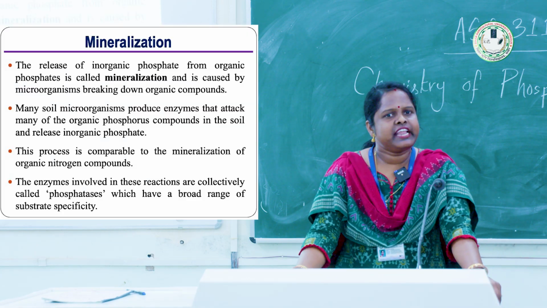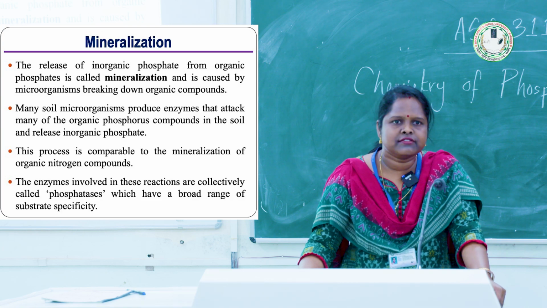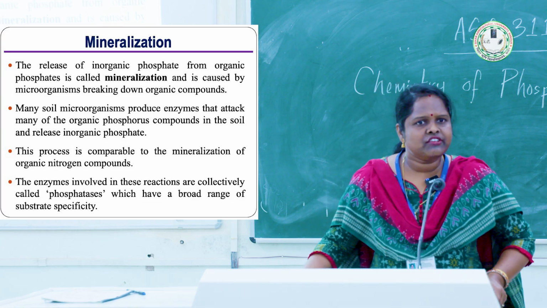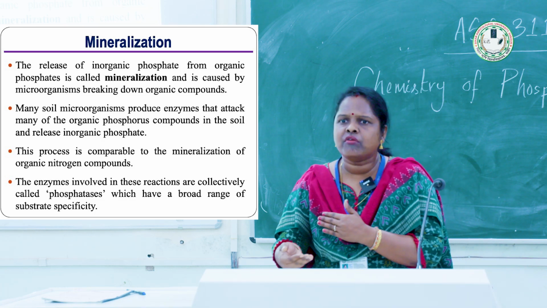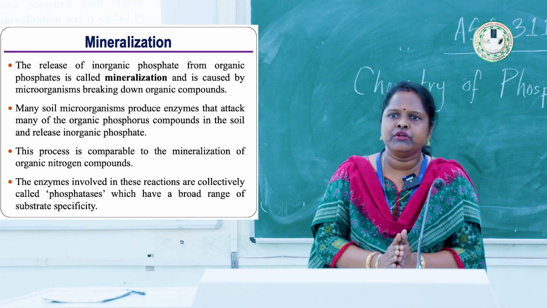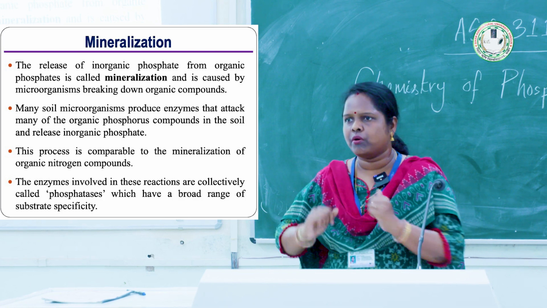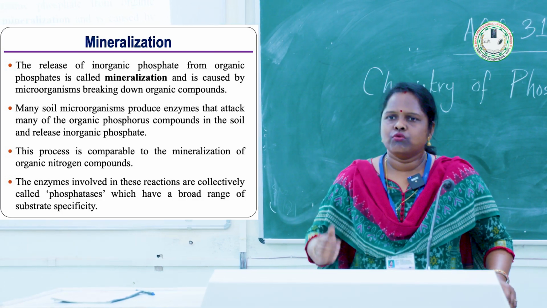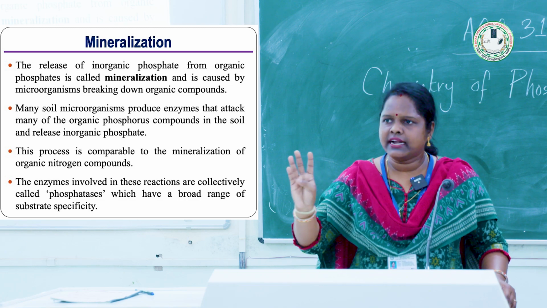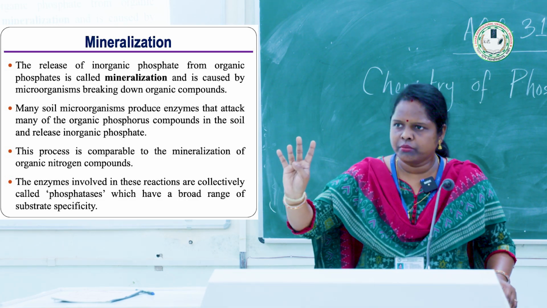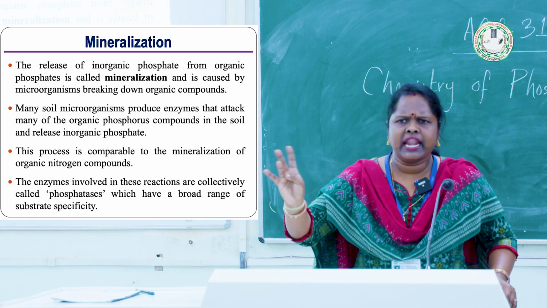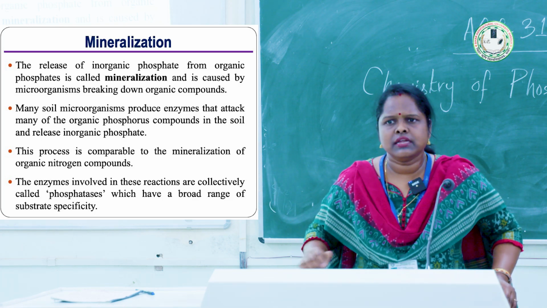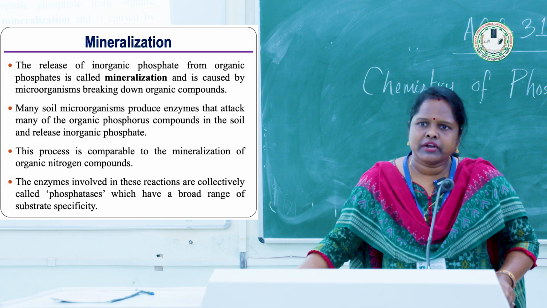So this is the first step, mineralization, that we have already discussed. What is mineralization? Mineralization is the process of conversion of the organic form of a nutrient to the inorganic form. What are the organic forms? Plant residues or microbial parts, be it plant residue, animal residue, or any other compost or even organic fertilizer.